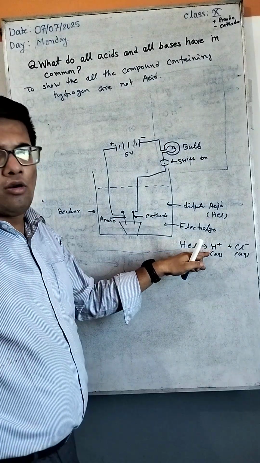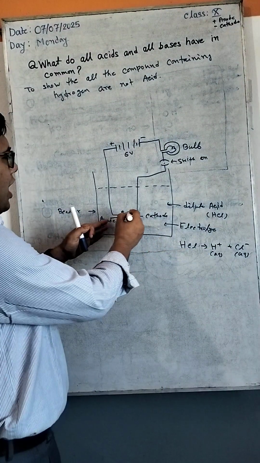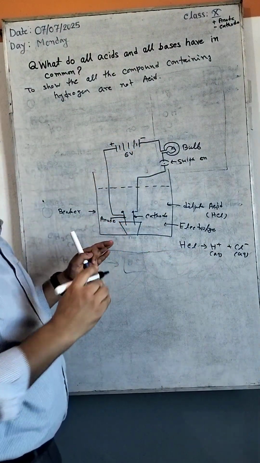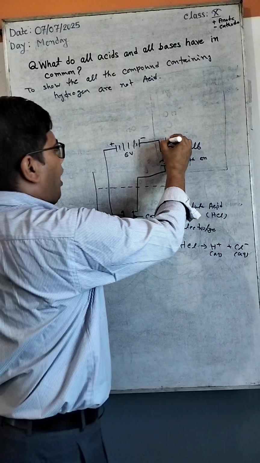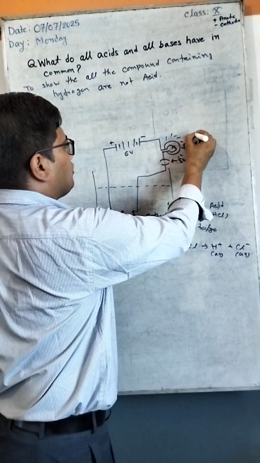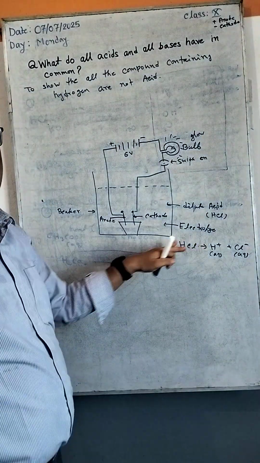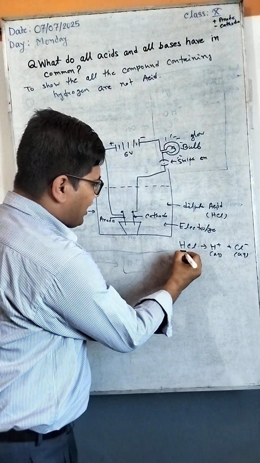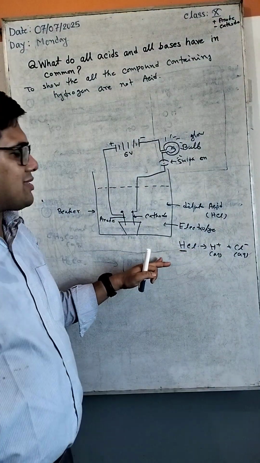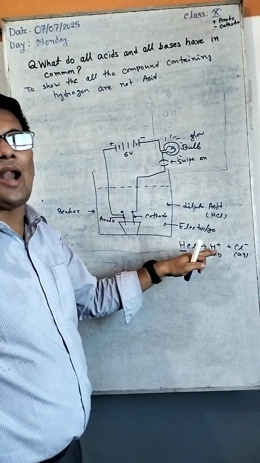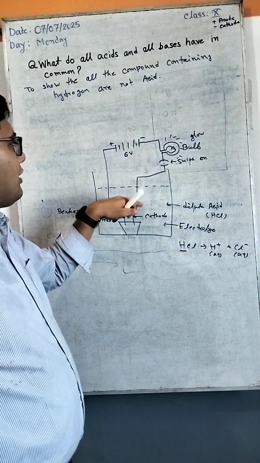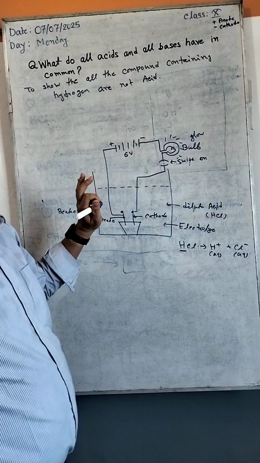Due to H plus ion, it conducts electricity, and the bulb glows. Why? Because in this acid the H positive ion is present, this is called cation. It conducts electricity, and the bulb glows.